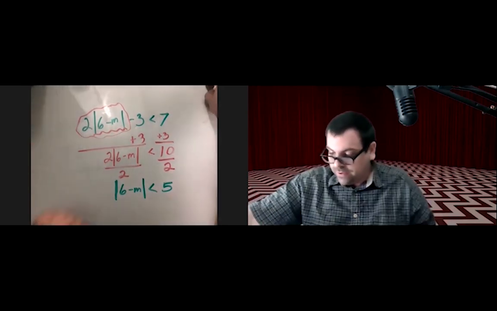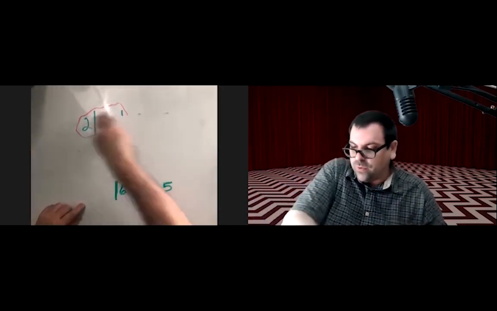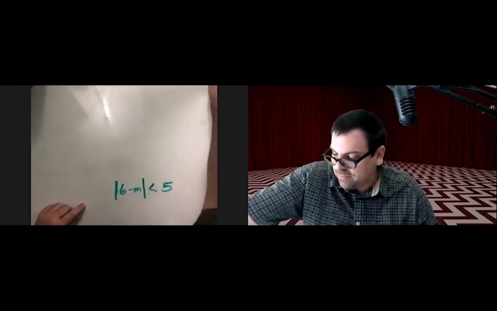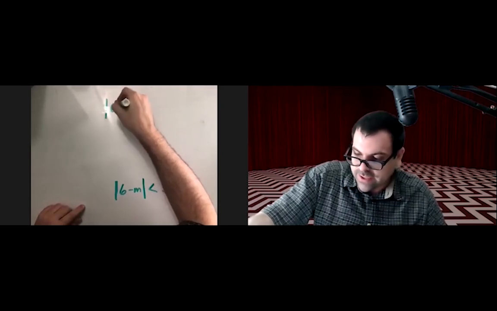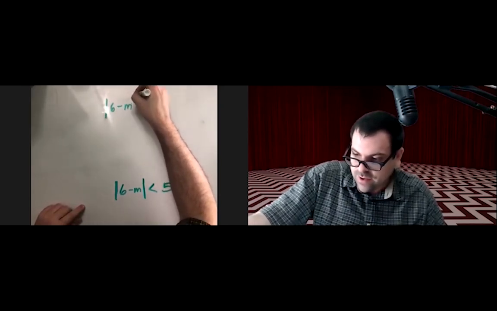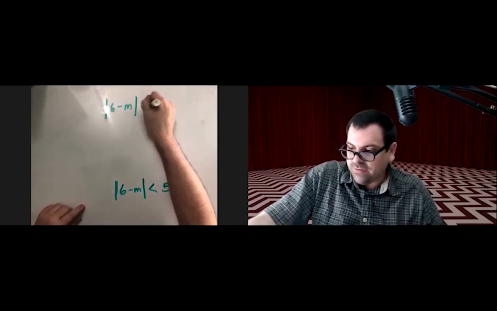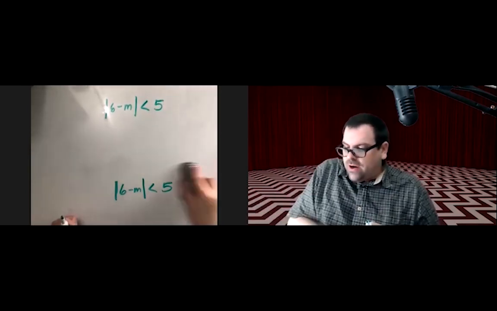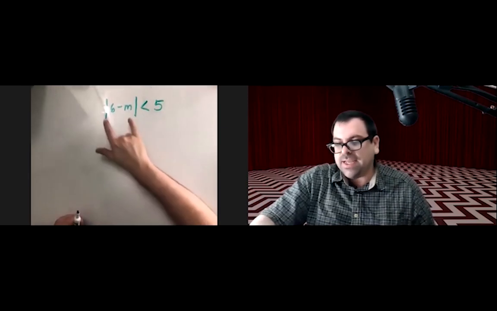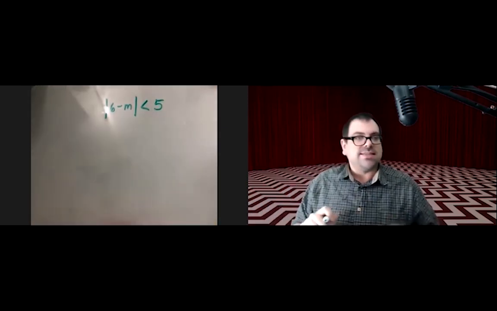And I'm going to move it up here so that we have room to work on this and finish this problem. We had to get it all the way to the absolute value being by itself on one side. And from there, what do we see? Absolute value less than.